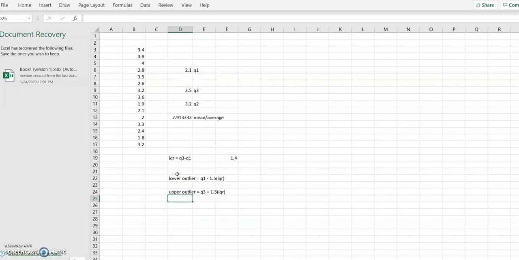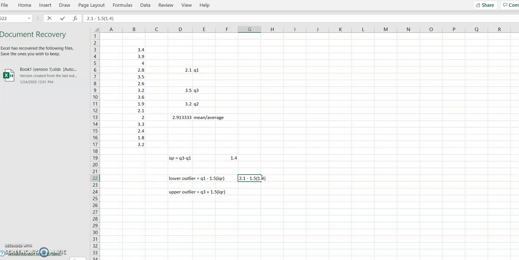So the IQR is 1.4 right here, and you know Q1 is here. So I type it out so you can see it: 2.1 minus 1.5 times 1.4.